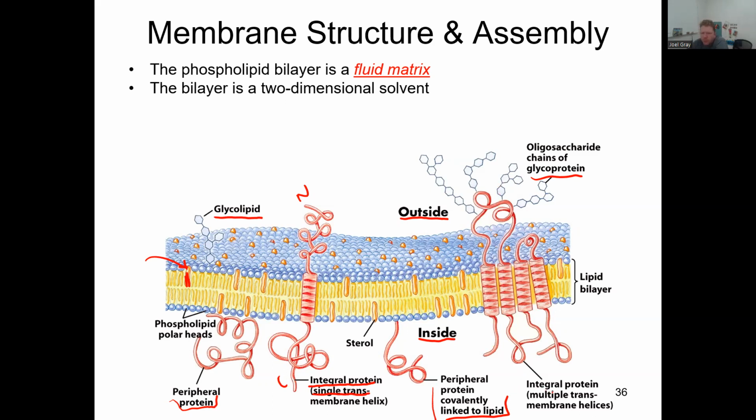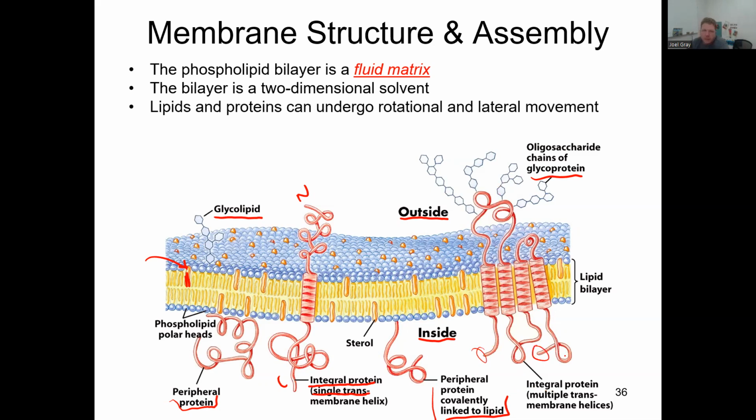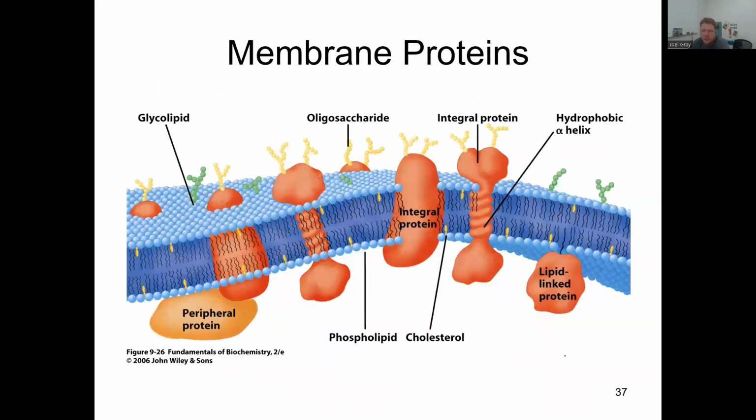There are also integral proteins that have multiple transmembrane helices, in which case they might have both of their termini on the same side of the cell. Now, lipids and proteins can undergo rotational and lateral movement, and membranes are asymmetric. So the stuff that's on the outside is going to be different from the stuff on the inside.